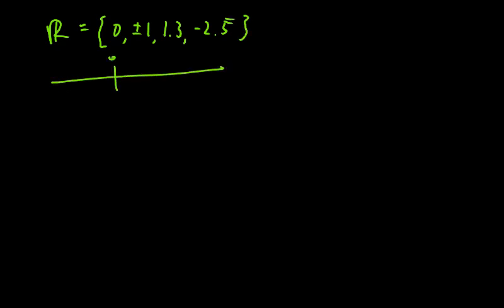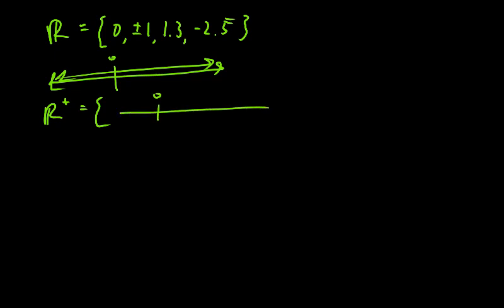If you put it on a number line, it would just include any possible number. And just like with integers, you can notate positive real numbers. On a number line, it would look like this. And then we also have negative real numbers. And it would, on a number line, look like this.